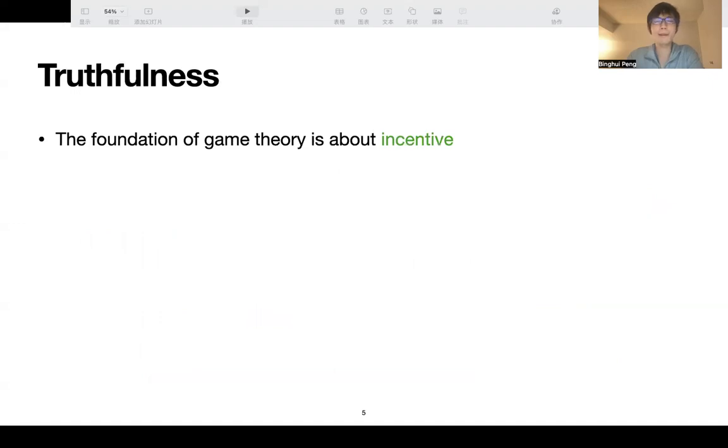One fundamental concept of game theory is the incentive. That is, we assume all the agents involved in the auction or in the game want to maximize his or her own utility.